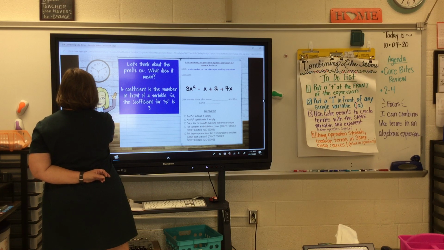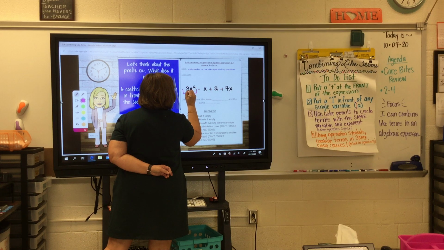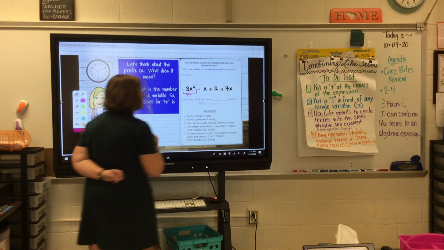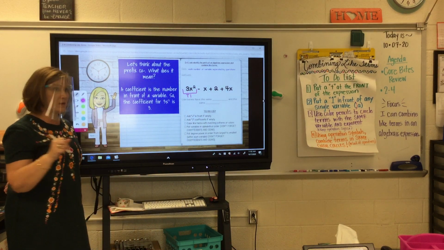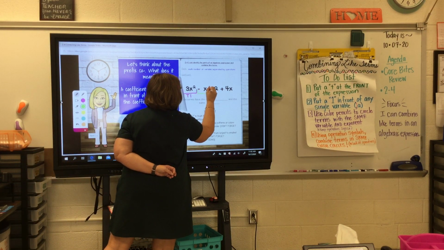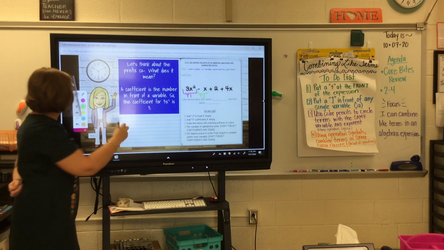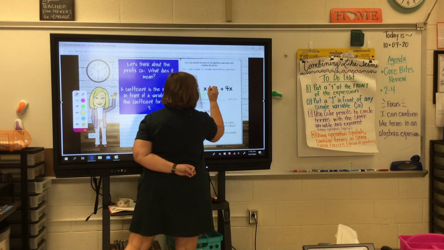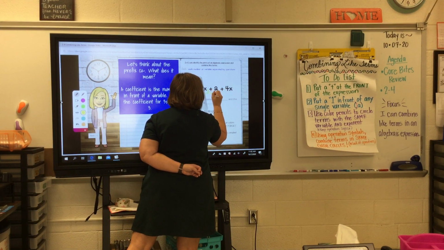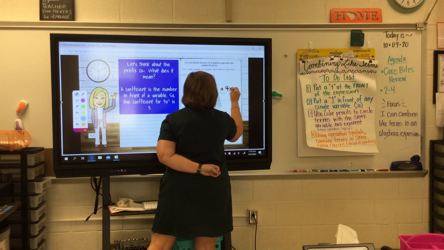So I have term 1 here, and I'm going to put a T1 for term 1. You have to keep the operation symbol. A T2 for term 2. The next one, what do you think I'm going to put? Term 3. And then the last one, term 4.